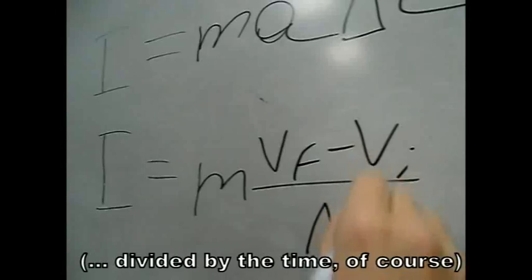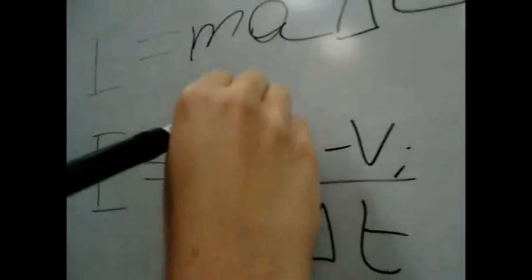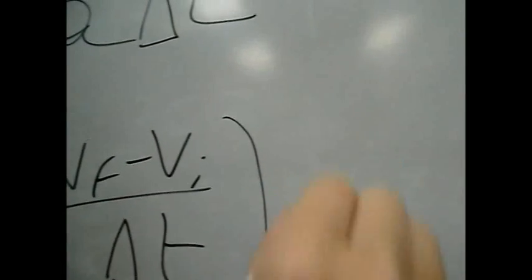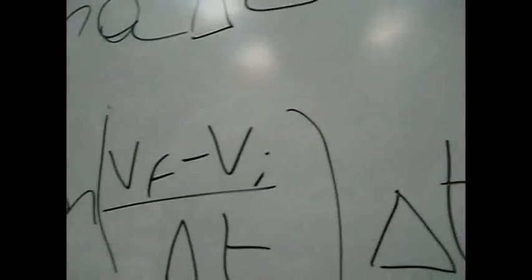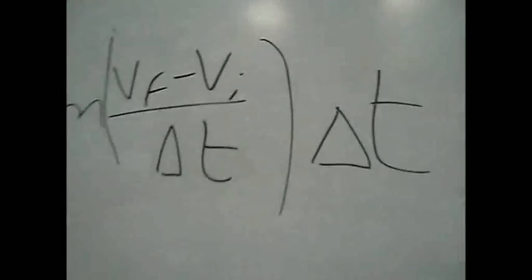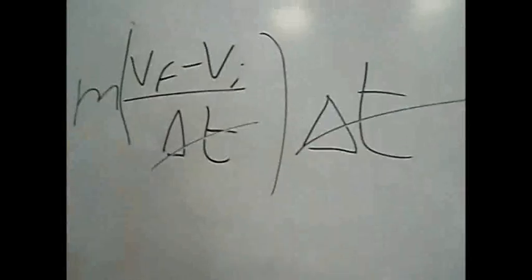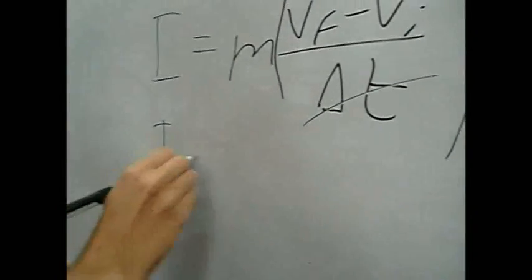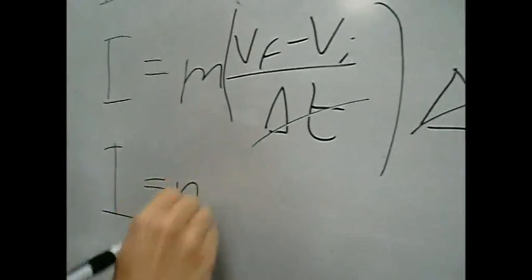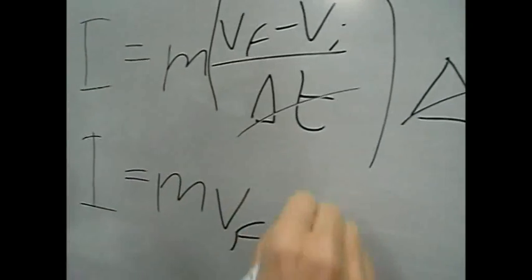So this is another way to write the acceleration, and then multiply this by delta t. So now we can do this. And our relation is demonstrated.